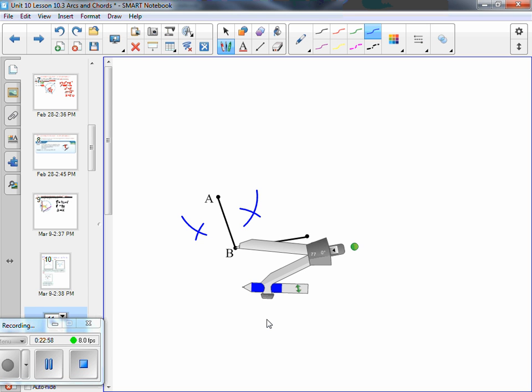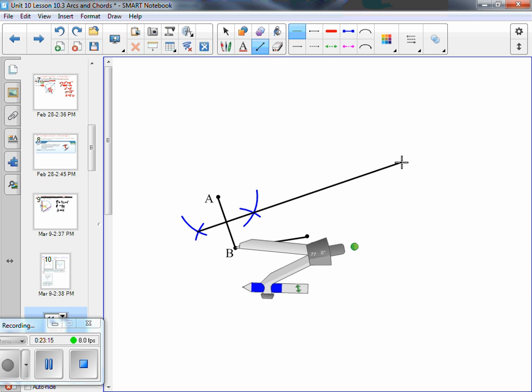You caught up to me? Now, where those two arcs cross, the intersection on each side, your perpendicular bisector goes through there. So use your straight edge to make a perpendicular bisector.